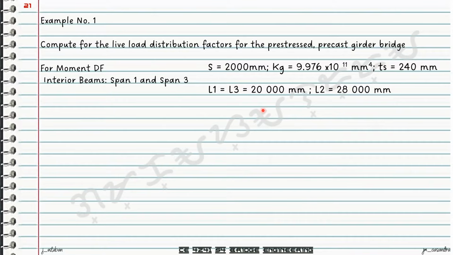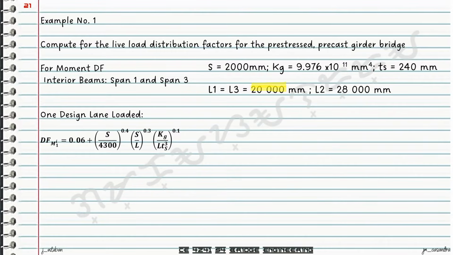So let's start with the distribution factor for the moment for one design lane load. The table gives us this equation. S will simply be the spacing. We also have your L. In this case, we are considering span 1 and span 3, so we are going to use this value for L. T sub G is already given, and T sub S is also given.